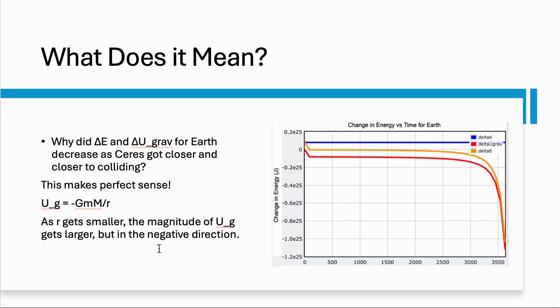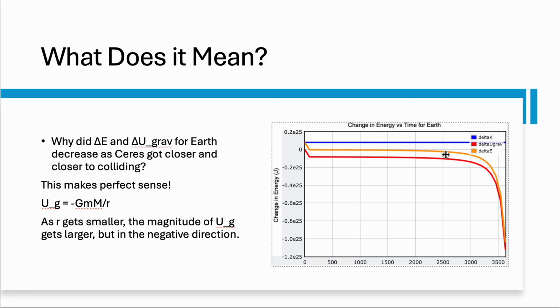So what does it mean? Why did the change in energy graph for Earth decrease as Ceres got closer and closer to colliding? As you can see here, this was the change in energy versus time for Earth before the collision happened, where this right here is the end of it, so that's where they collided.